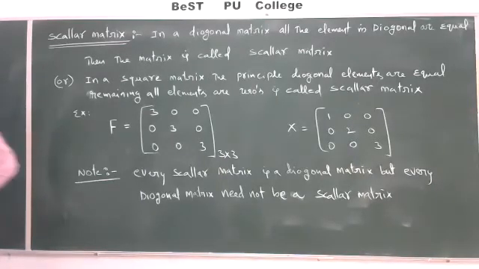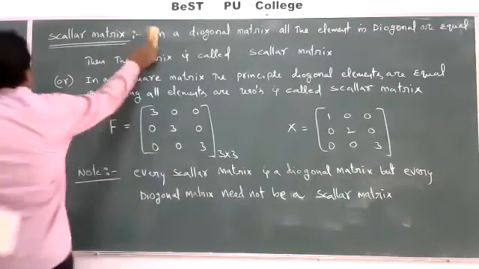Very, very important point. That is what is meant by diagonal matrix and what is meant by scalar matrix. What is the difference? What is the relation between scalar matrix and diagonal matrix?